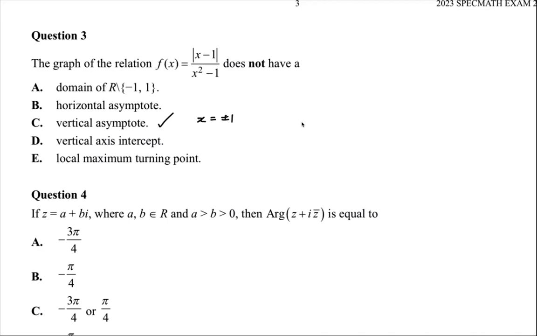Maybe some point of discontinuity. Vertical axis intercept, so x can take 0. That's also true. Horizontal asymptote, well, a linear divided by a quadratic, horizontal asymptote could be y equals 0. So I probably will look at option E. If it really has a local maximum turning point, well, let's see.